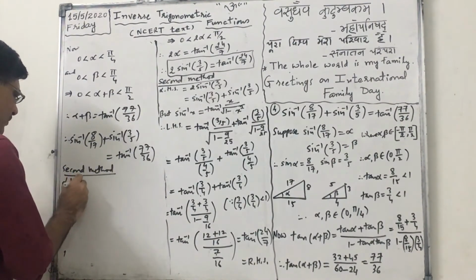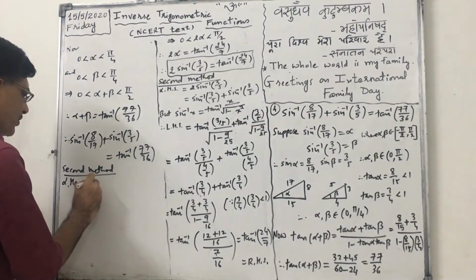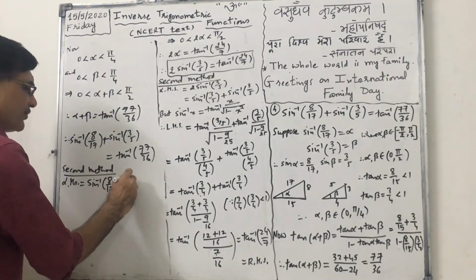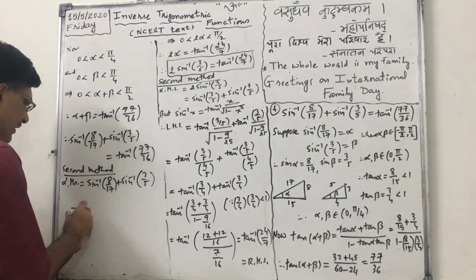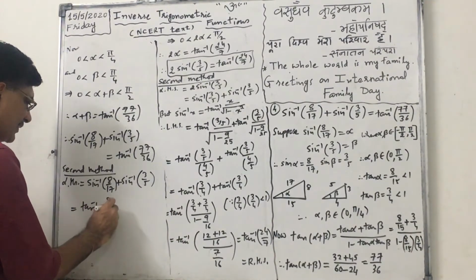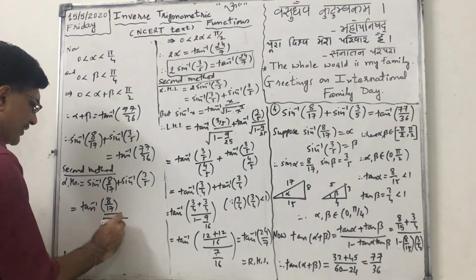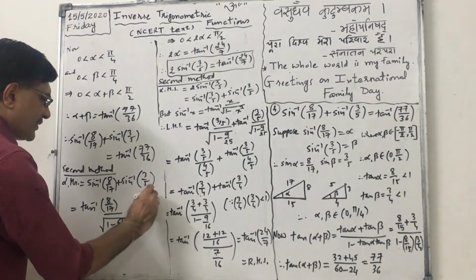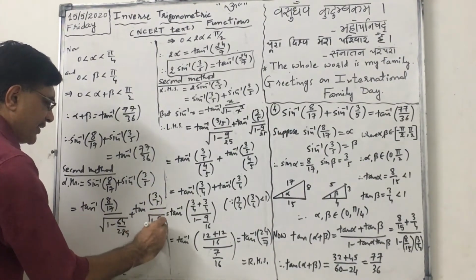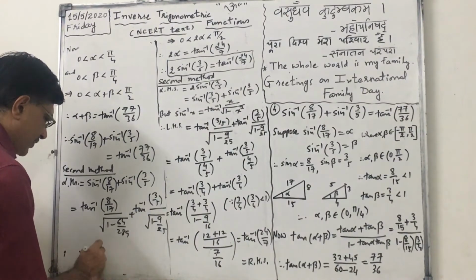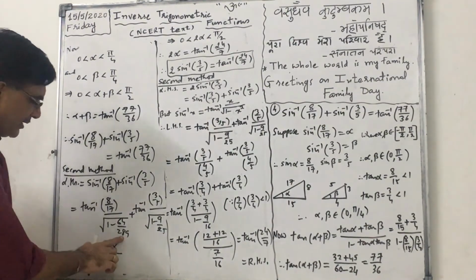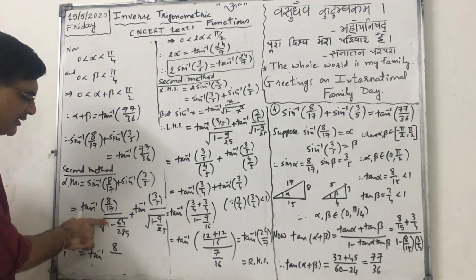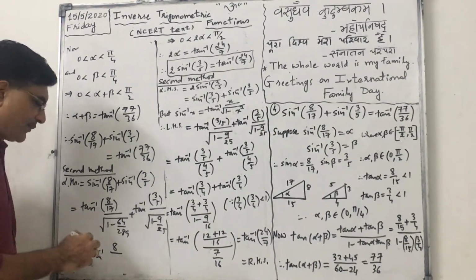Okay, LHS, the left hand side, equals sin inverse of 8 by 17 plus sin inverse of 3 by 5. We can write this as tan inverse of x upon square root of 1 minus x square plus tan inverse of x upon square root of 1 minus x square, which can be written as tan inverse of 8 upon, now see, the square root of 289 will be 17, so denominators will be cancelled, but before that it is 289 minus 64, that is 225, square root of it is 15.